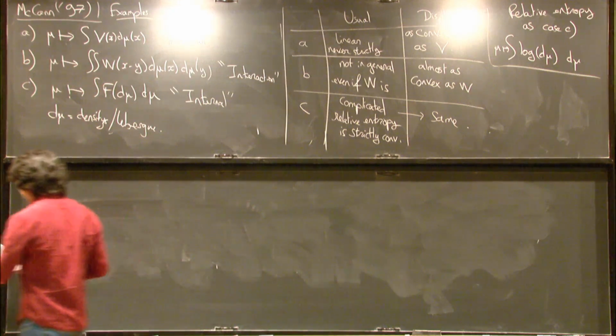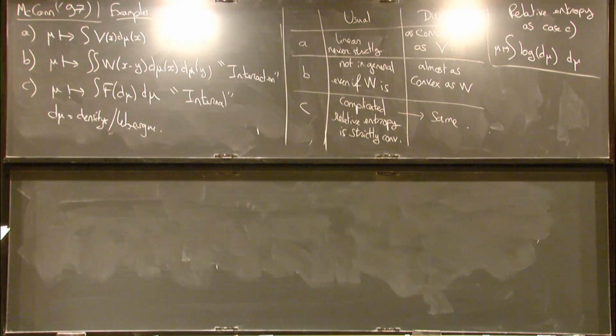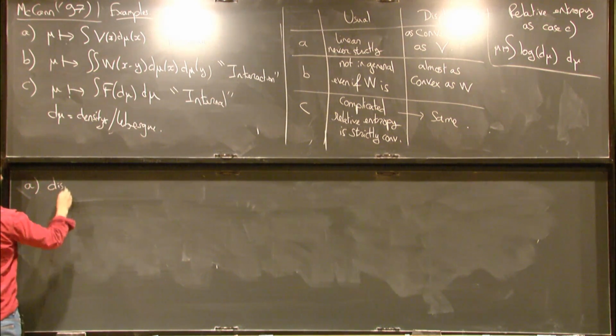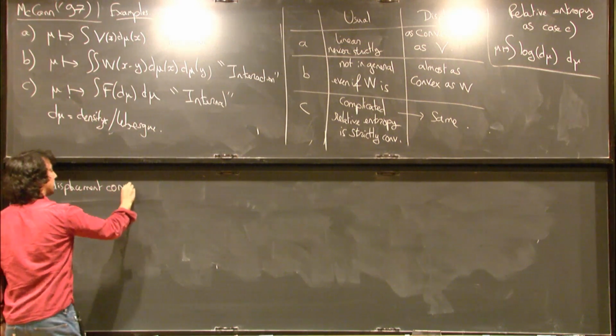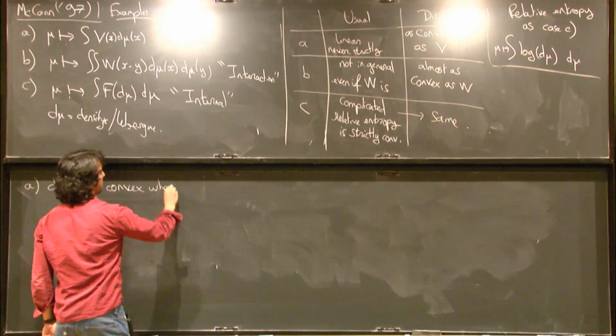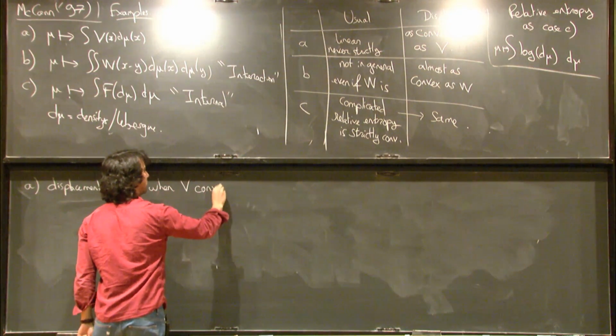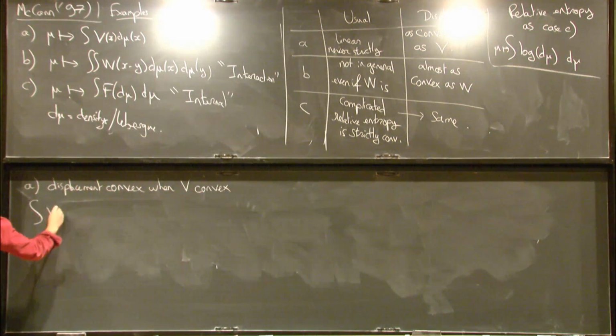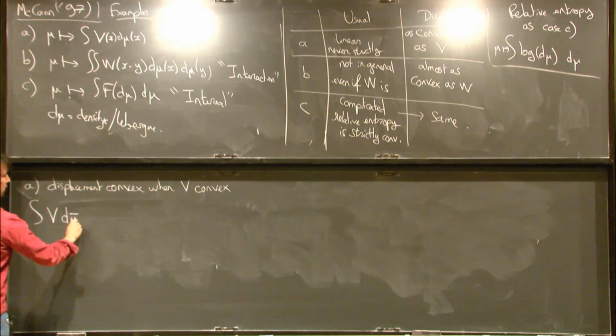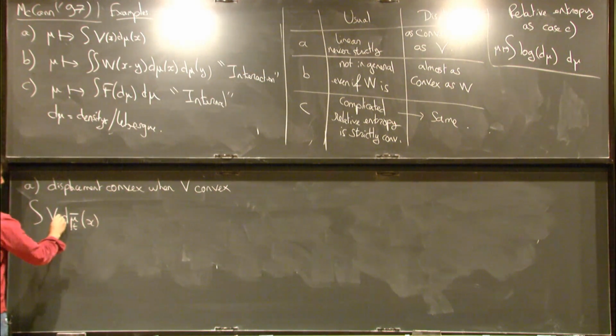So just to be convinced that it's very easy, let me prove A is displacement convex if V is convex. Well, it's two lines, right? So let me compute this.